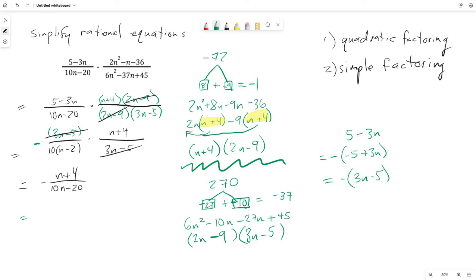So if I pull out a 2 from the top and a 2 from the bottom, I would be left with 1/2 n plus 2, and I would have a 5n minus 4. And I don't find this any prettier than the one we already have, and this of course just cancels out to 1.